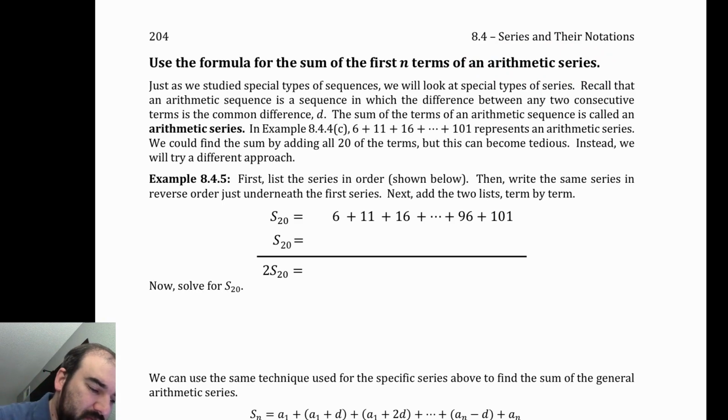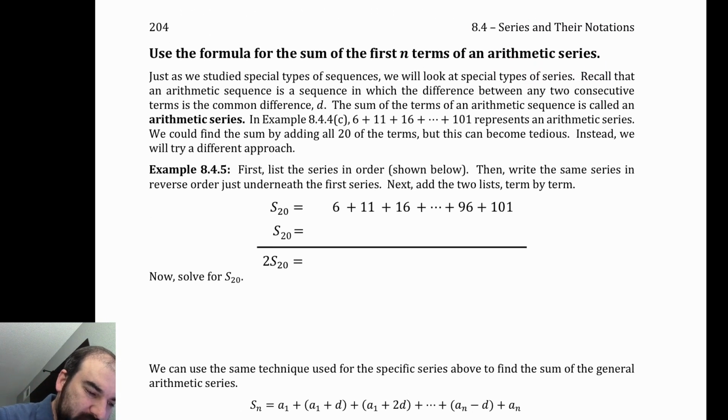So, this part at the beginning is showing you how the formula for the sum of an arithmetic series is derived.